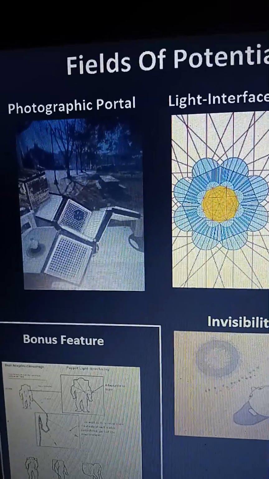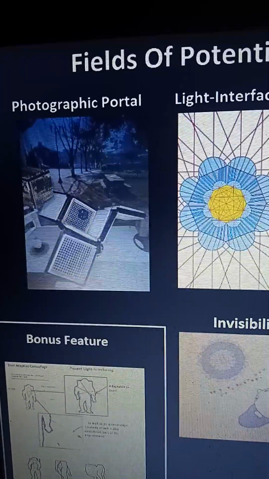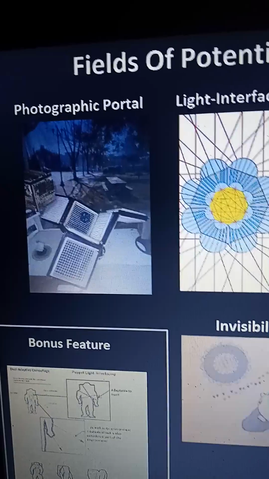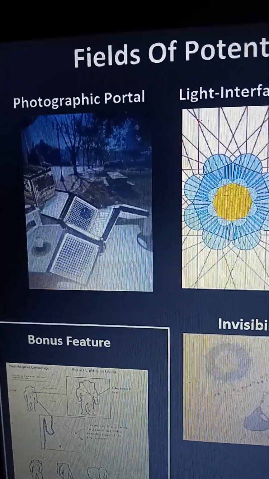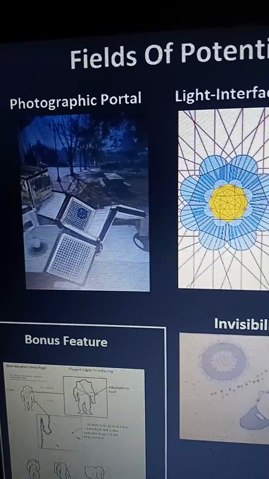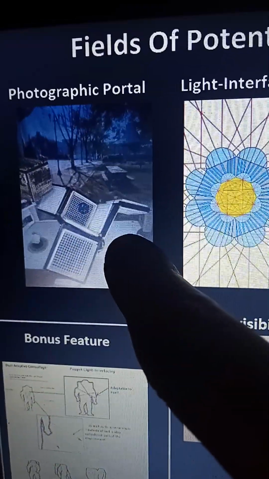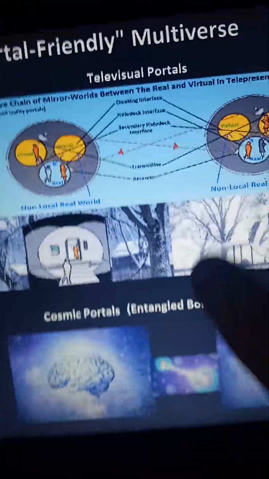And there's a poem, part of a poem by Walt Whitman that I always reference, that I try to reference sometimes. And it goes something like, every cubic inch of space is a miracle. And that can't be better illustrated than by photographic, televisual, and cosmic portals.